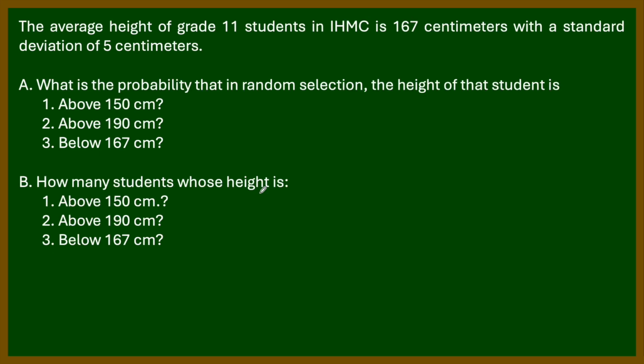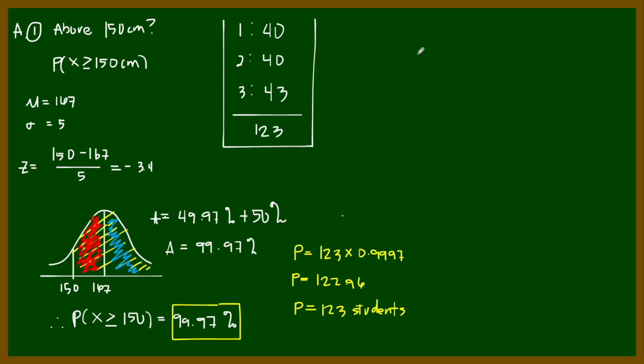Now, for number 3, what's the probability that in random selection, the height of that student is below 167 centimeter? In that case, we go straight to the probability of x less than or equal to 167 centimeters. Okay. Same values for the mean and standard deviation.